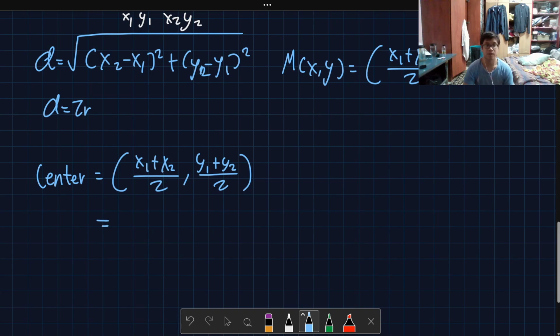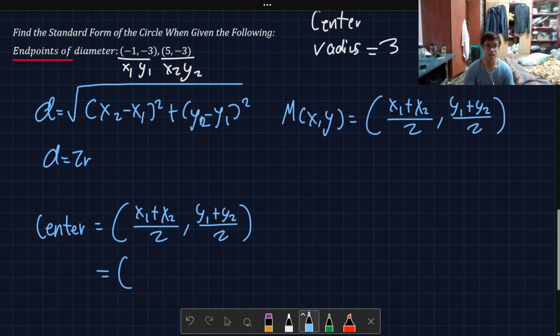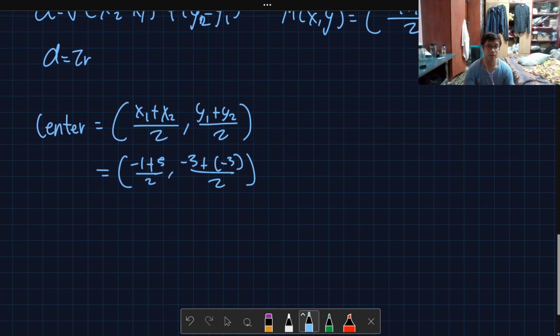Okay, so with that, let's now substitute. So your x sub 1, once again, is negative 1, plus x sub 2 is 5, all over 2, comma, y sub 1 is negative 3, plus y sub 2 is also negative 3. Okay, so now we will combine everything. Negative 1 plus 5 is 4, positively.